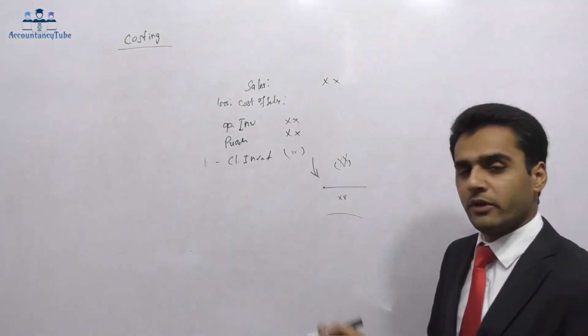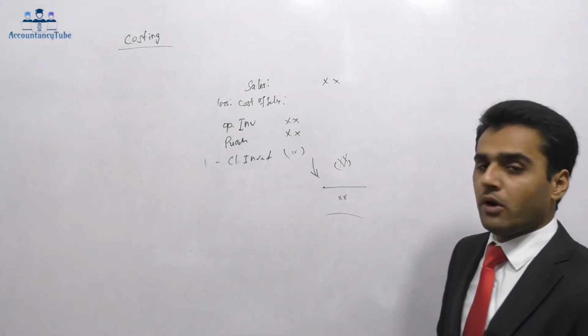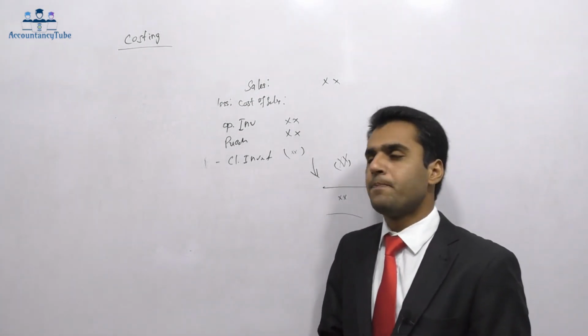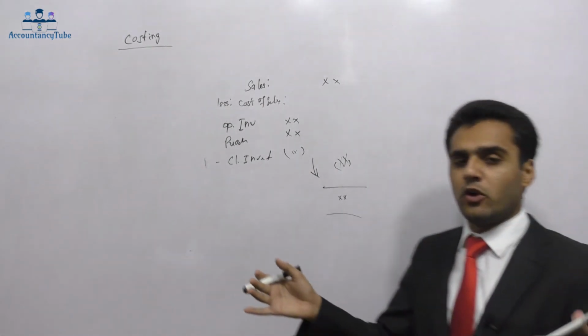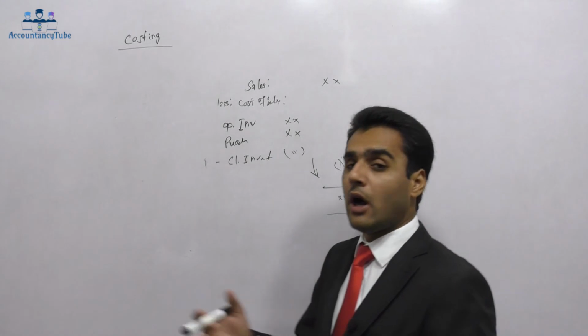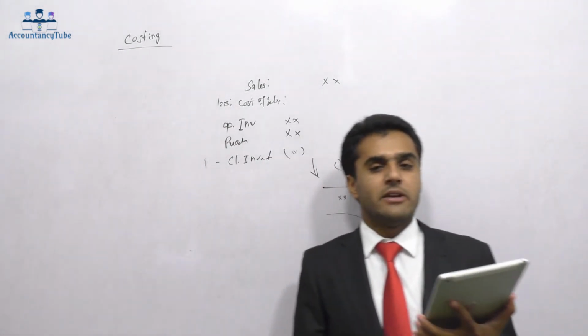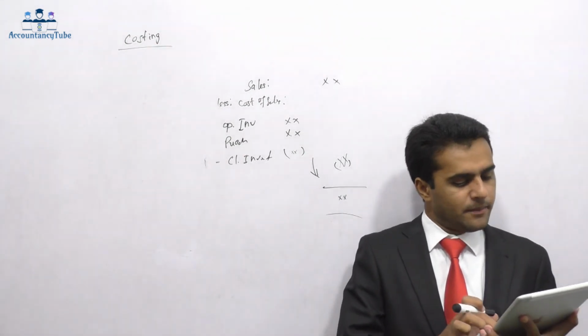So we'll deduct out of the closing inventory, and net cost is going to be a small amount, and the profits are going to be a massive amount. So that's how I can manipulate the profits. All right. So that's why it is not helpful for our decision making.